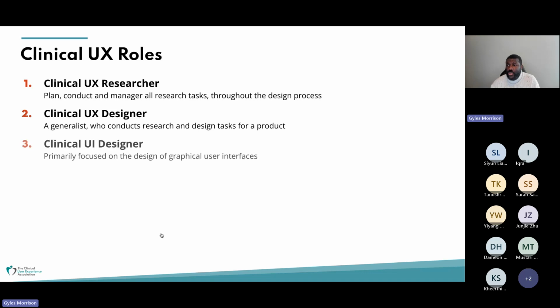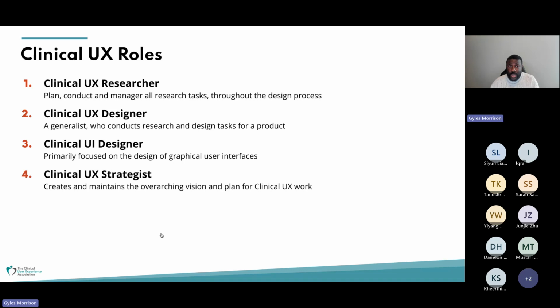Next, then, is a UI designer, and that is very much more on the visual design side of things and visual communication, data visualization, and that is a subsect within UX and pretty much for digital products. Then there's a UX strategist, which is what I spend most of my time doing, which is really more about looking at the oversight and the strategic planning of UX resource.